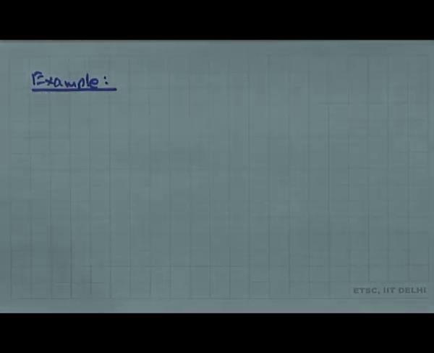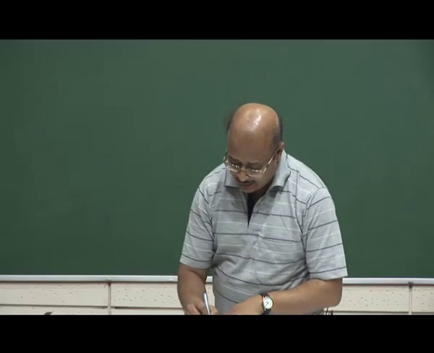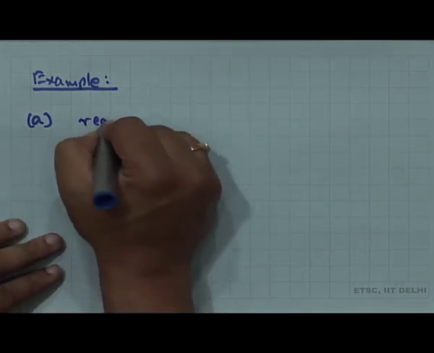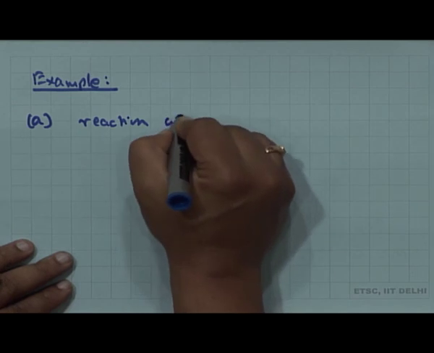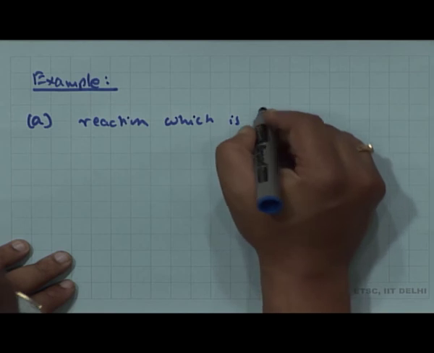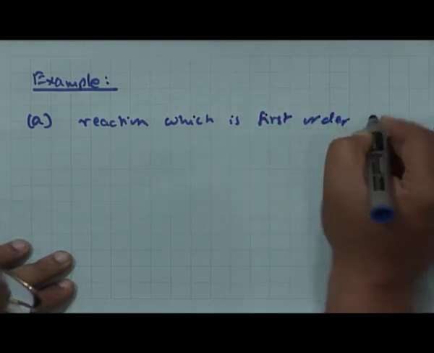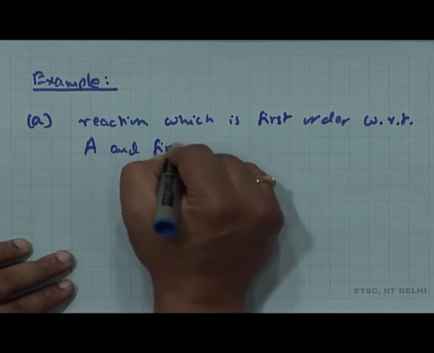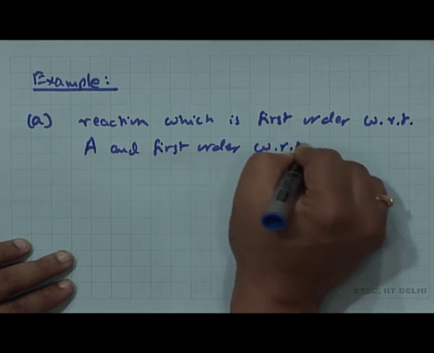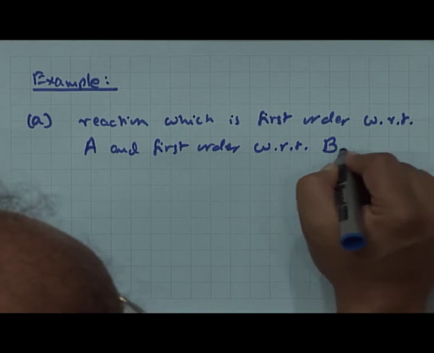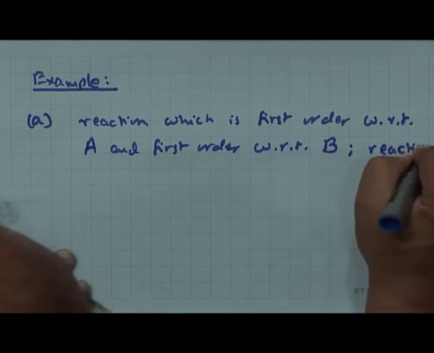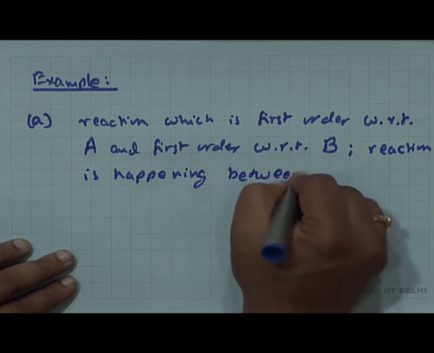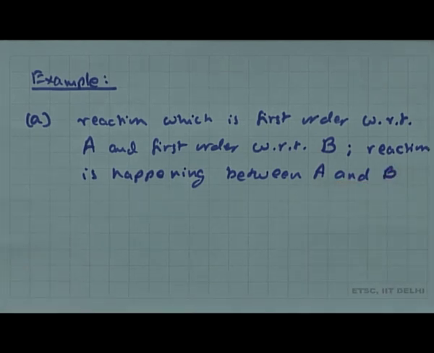The example says that I have a reaction, say, between A and B, which is first order with respect to A and first order with respect to B. Okay.